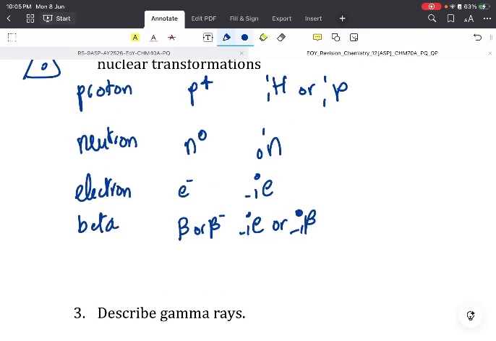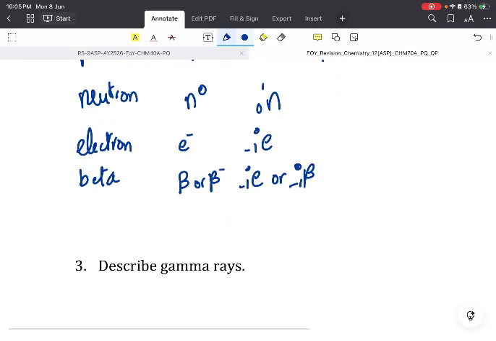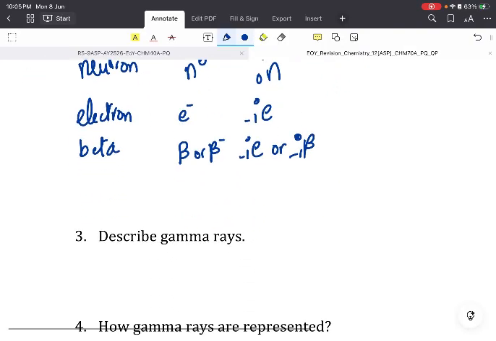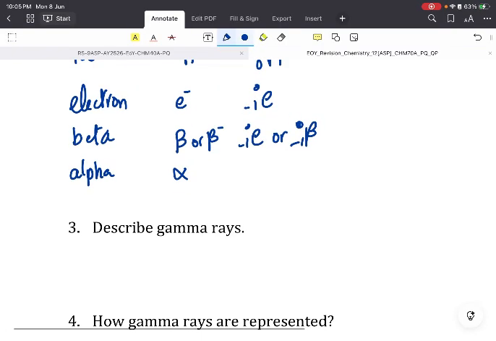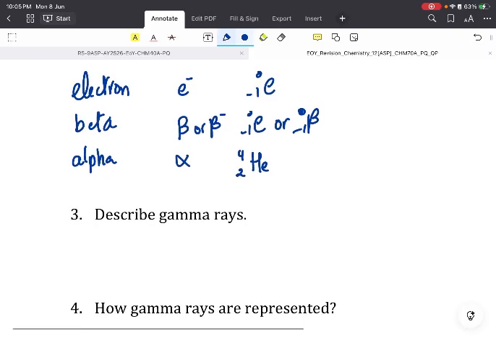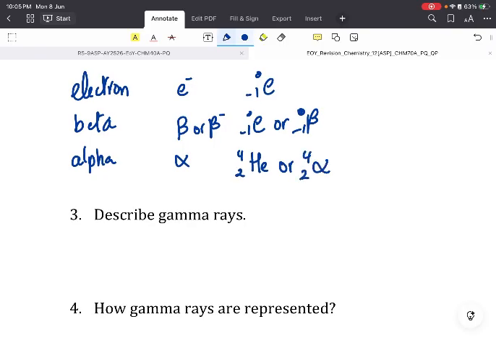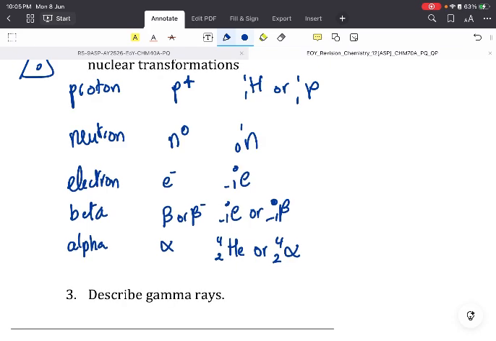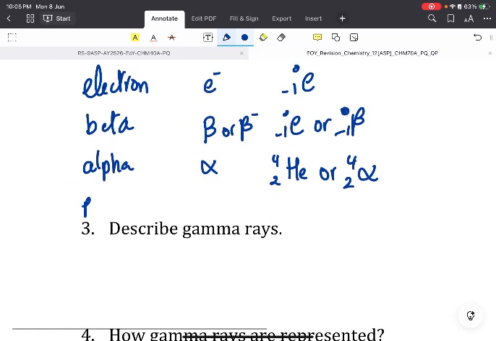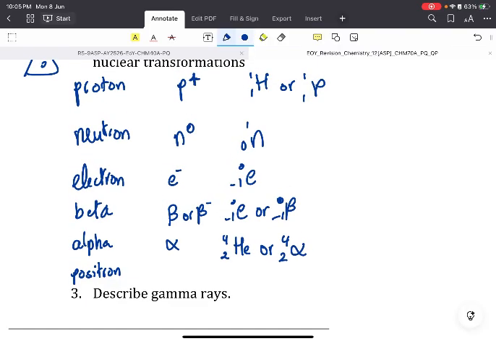Other than the proton, neutron, electron, or beta, we have the alpha particle. The symbol is alpha, or the nuclear symbol is an atom of helium 4 2, or you can simply write alpha 4 and 2. And there's one more, the positron, which is different than the proton.